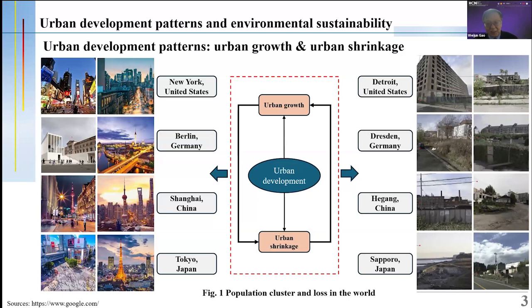So shrinking as a city phenomenon is now very obvious in many countries. We used to describe the German city, they lost the population and experienced decline due to the industrialization.